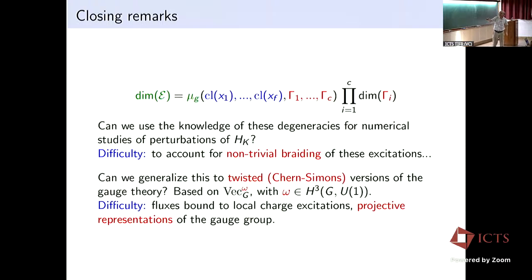So you're going to have flux bound to local charge excitations. And it reflects that the gauge group now has some projective representations. So it would be interesting, because there's a theory for those twisted Drinfeld centers, whether the precise counting will still hold in this twisted case remains to be seen.